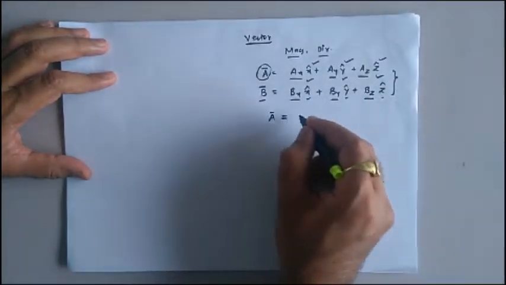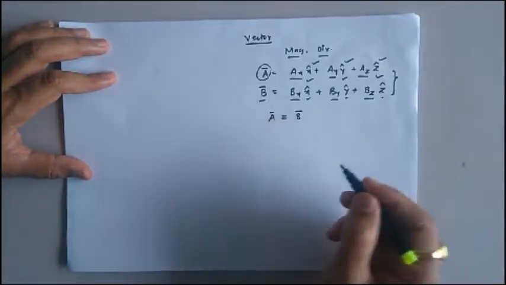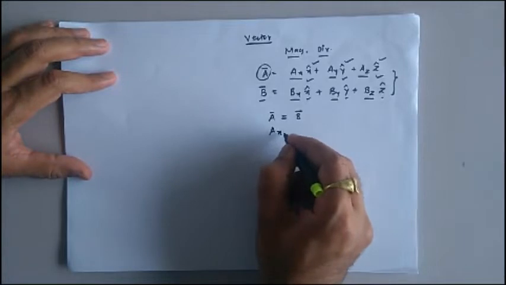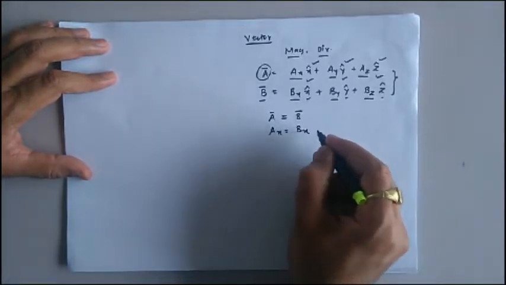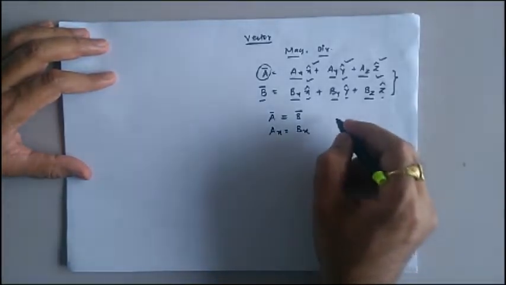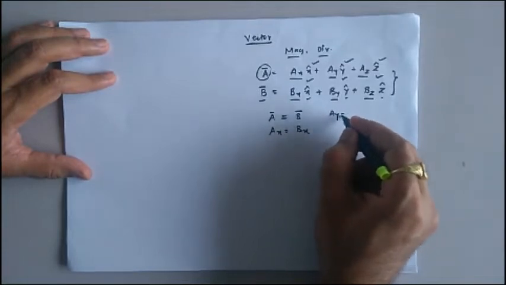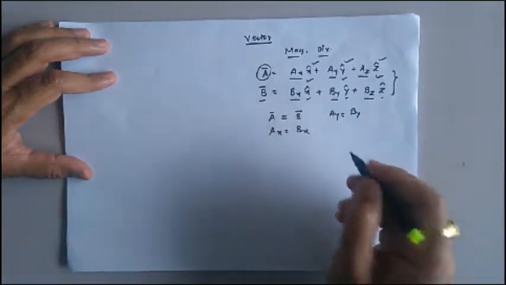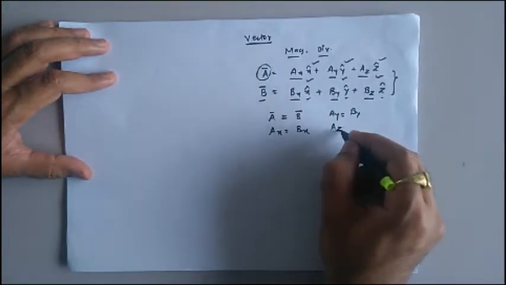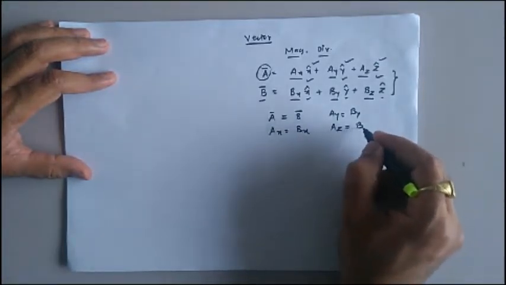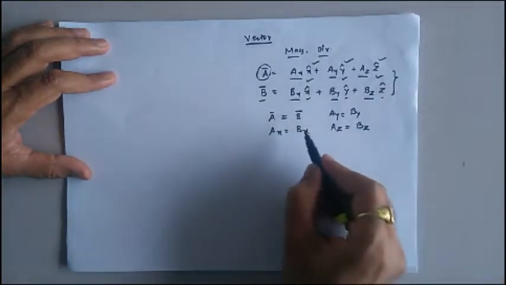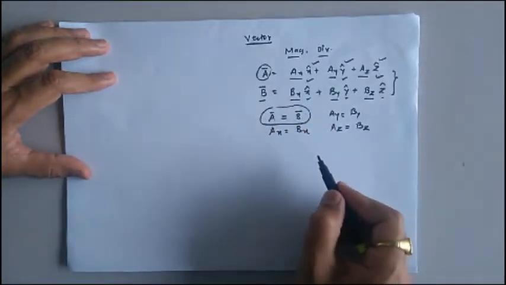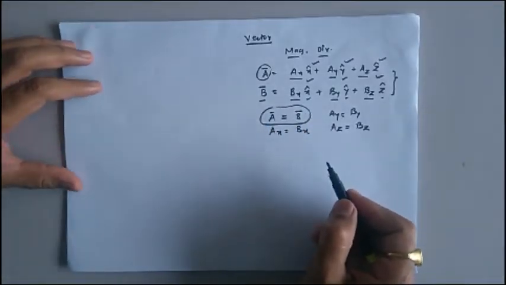Vector A bar is said to be equal to vector B bar if and only if ax is equal to bx, similarly ay is equal to by, and az is equal to bz. Then only we can say that these two vectors are mathematically equal.